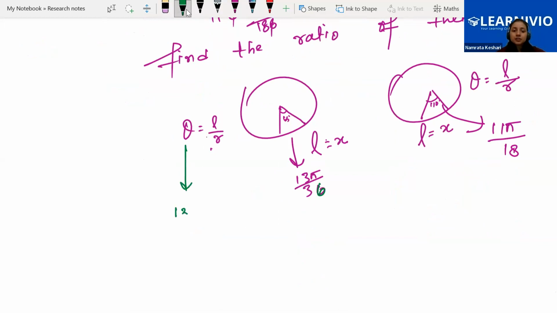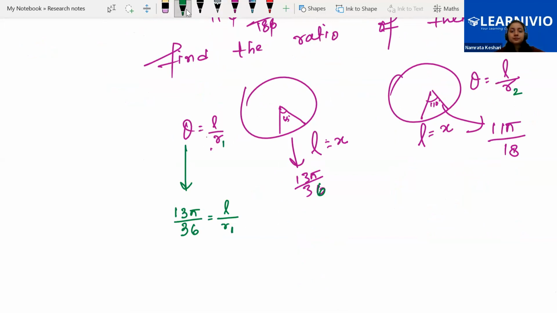Okay, now we'll be putting the angle at the place of theta, that is 13 pi by 36. For now, we are not putting pi and all. L is L only. R is the radius. We are having a radius over here and a radius over there, but we are not going to represent both the radiuses by R. Let's call it R1 and R2 because the radiuses are not same.